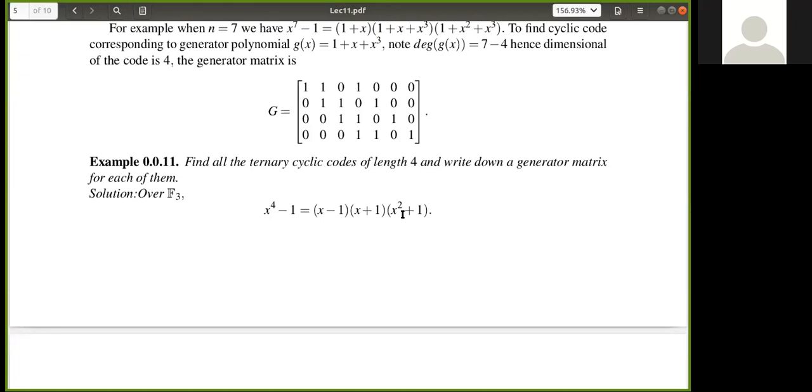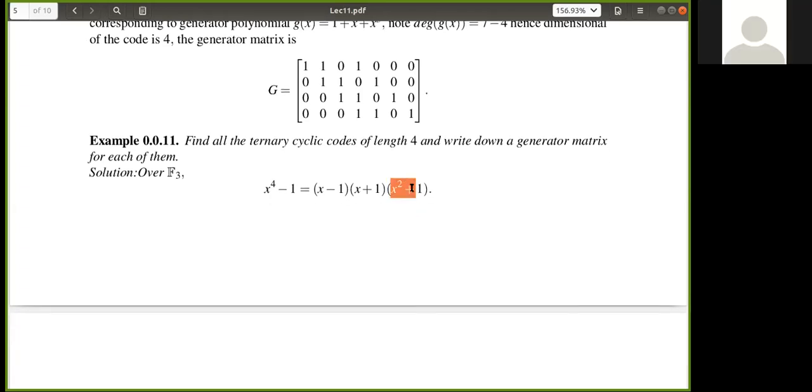If I substitute 0, 0 square plus 1 is 1. Just x square plus 1, it would be 1. When I substitute 0 in x square plus 1, what will I get? Will it be 0? No, it will be 1. So 0 is not a root.